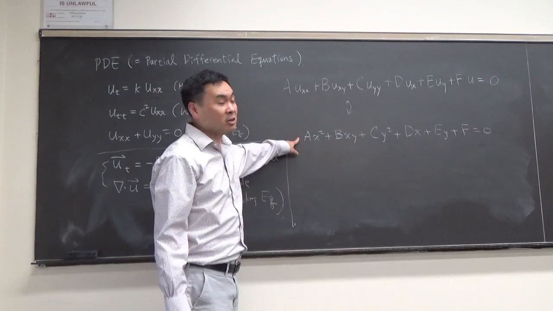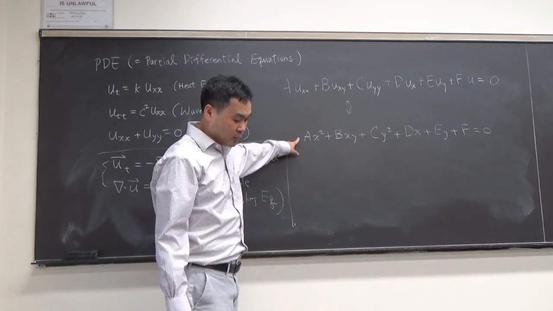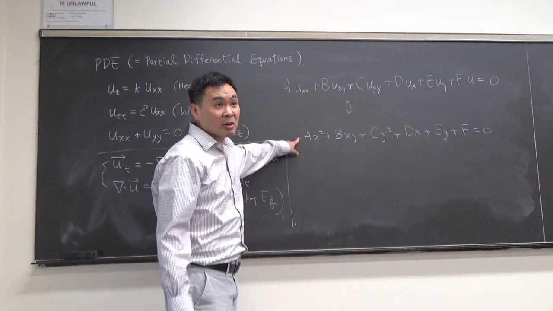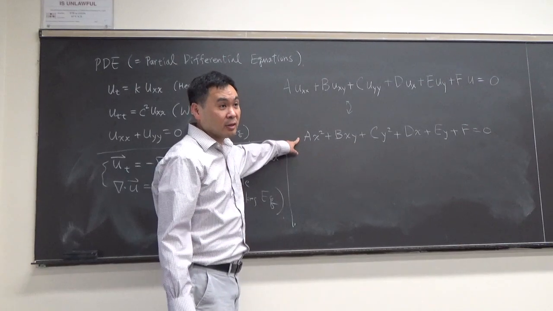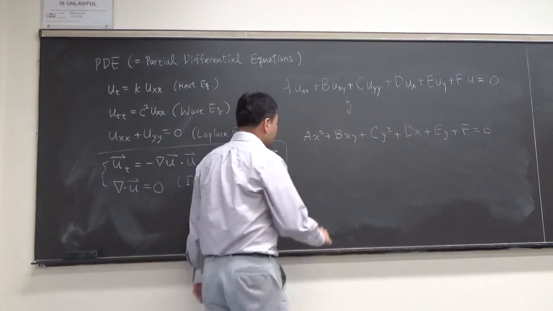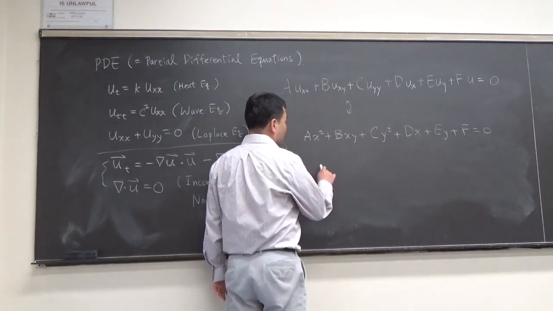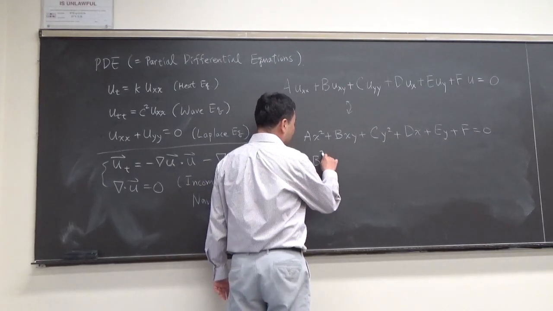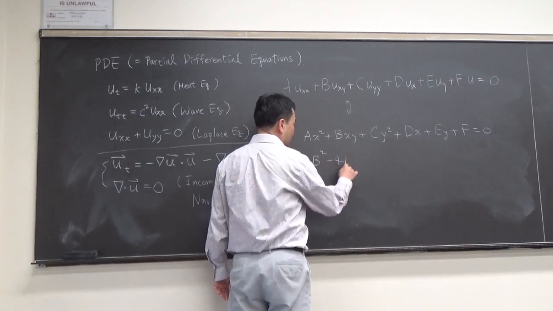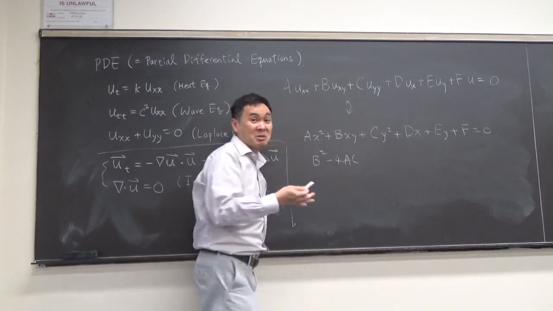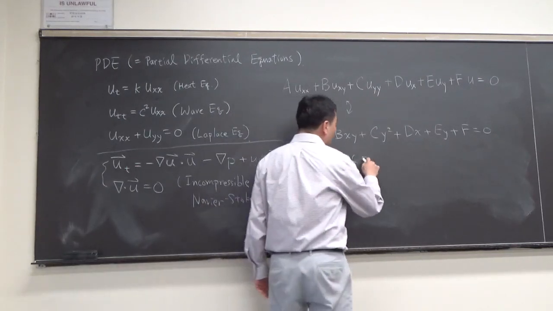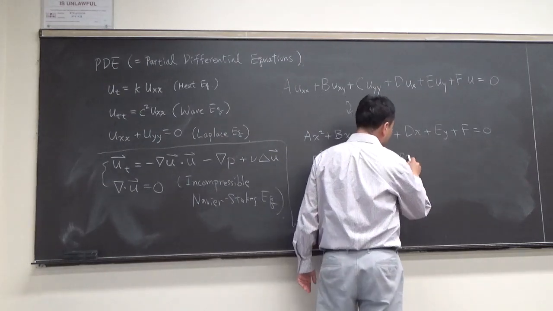Sometimes this could be an ellipse. Sometimes this could be a hyperbola. Okay, and that depends on whether b squared minus 4ac, this is called the discriminant, right?